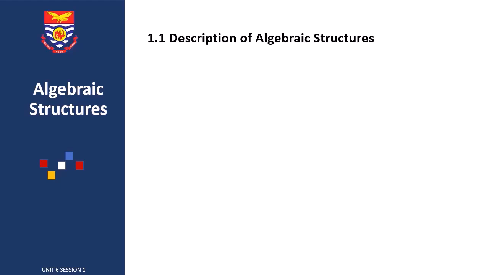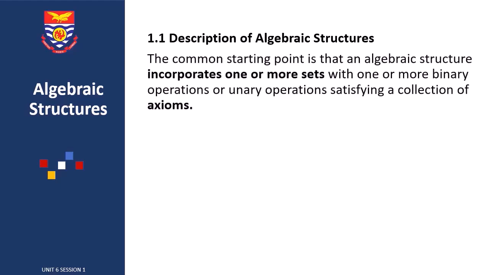So algebraic structures may be viewed in different ways. Thus, the common starting point is that an algebraic structure incorporates one or more sets with one or more binary operations or unary operations satisfying a collection of axioms.